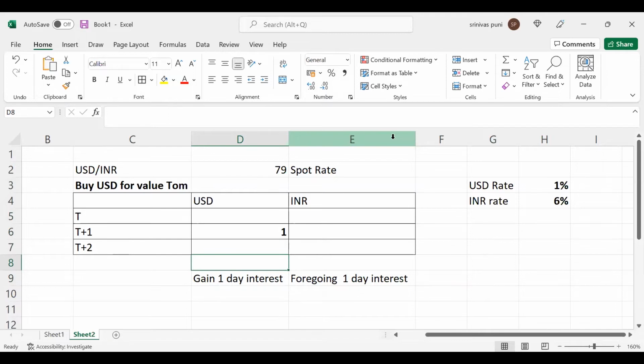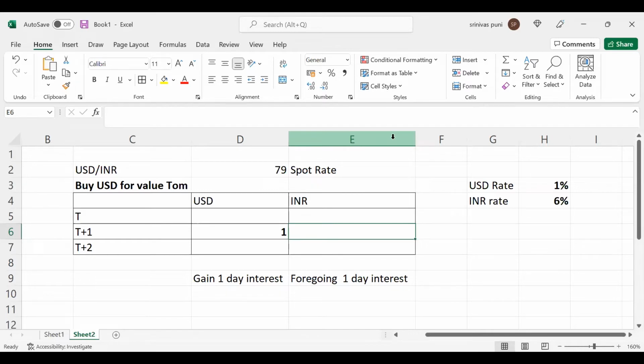If the market is giving me the same 79 rupees for tomorrow also, instead of 79 for 2 days later, obviously one of the counterparties is gaining, because that counterparty is generating extra interest of 5% for that 1 day, right? Because the rupee rate is 6%, the dollar rate is 1%, that extra 5% is being generated for 1 day.